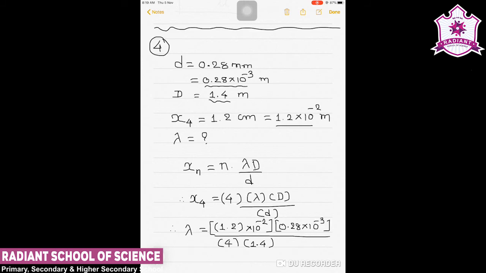When we put all these things together we get the answer 6 into 10 raised to minus 7 meter, that is about 6000 angstrom. So the answer is 6000 angstrom. This is the answer to question number 4.